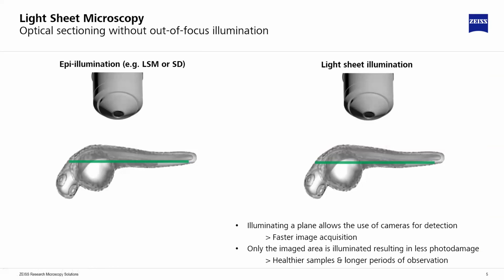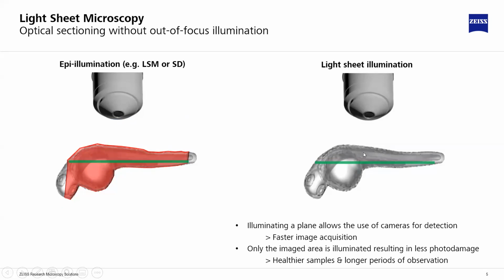To better understand the benefits of light sheet microscopy, it's often helpful to compare it to your standard, more traditional imaging techniques like point scanning microscopy or spinning disk, as you can see here on the left. With a confocal, by the time you scan across your sample, you're going to build your image pixel by pixel, but doing so means that you're exposing your entire sample to laser, even above or below your focal plane here in the center of, in this case, the zebrafish, for example.